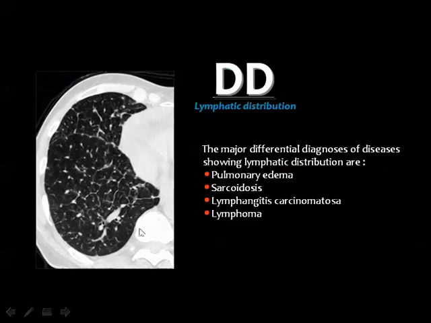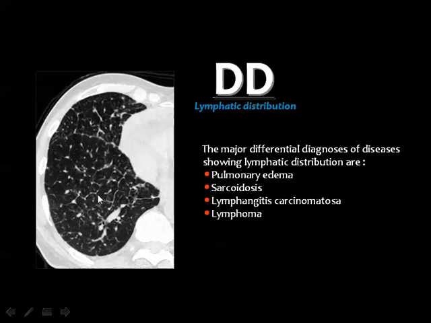Then if you look here, this is a classic distribution of lymphatic pathology. One of the easiest ways is to go to the fissure in between the lobes, and you can see these nodules on both sides of the fissure. This will help you to feel that this is lymphatic distribution.